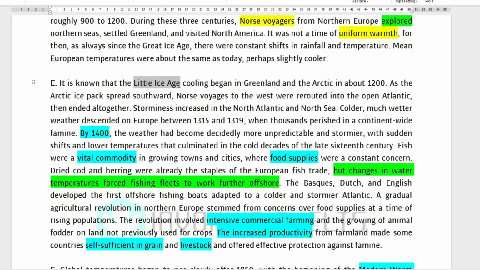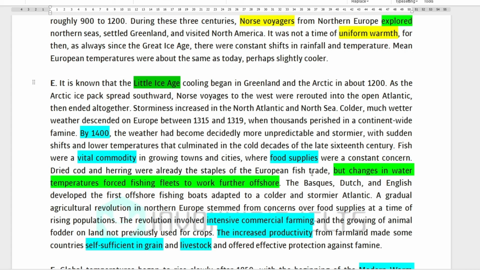So the Little Ice Age, we have that. Dried cod and herring were already the staples of the European fish trade, but changes in water temperature forced fishing fleets to work further offshore. The Basques, Dutch, and English developed the first offshore fishing boats.